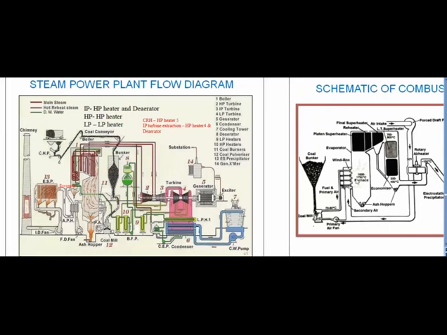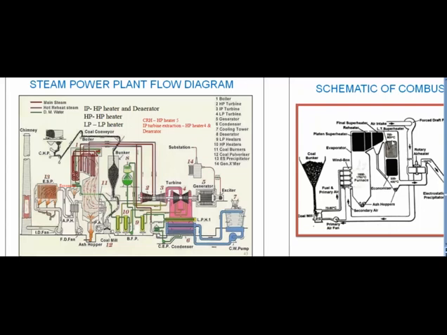Due to combustion of coal, the flue gases are generated and they pass through the superheaters, reheaters, that is platen superheater, reheater, final superheater, and then go to the second pass, that is convective pass.